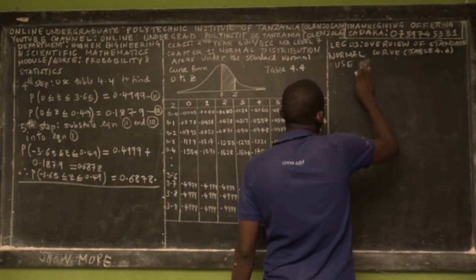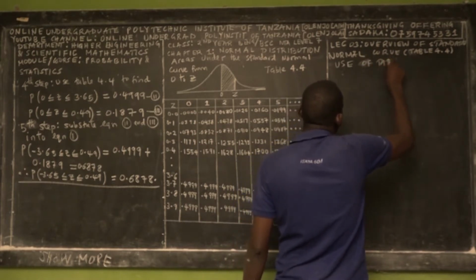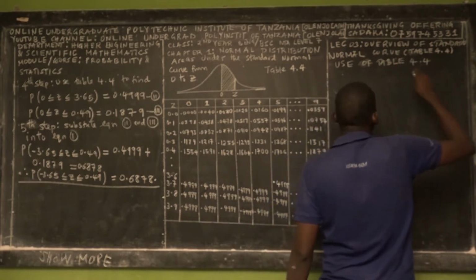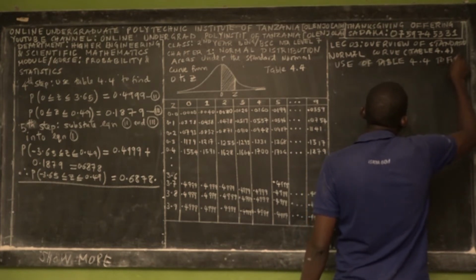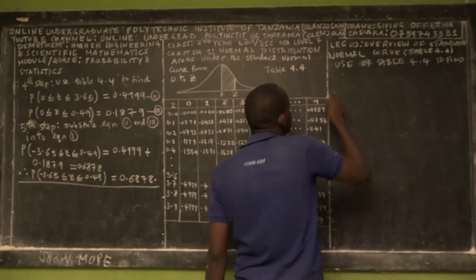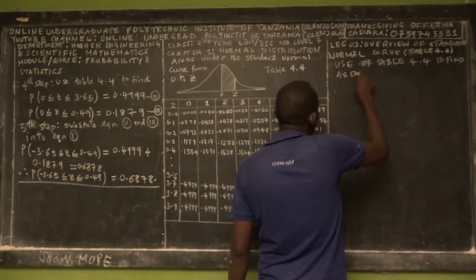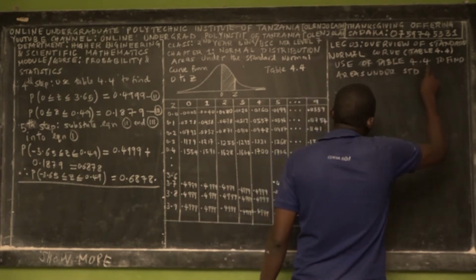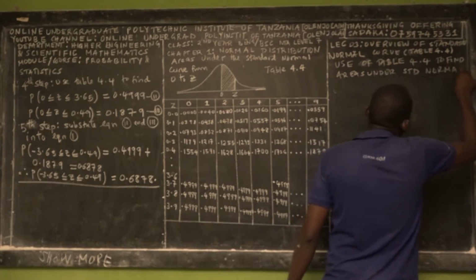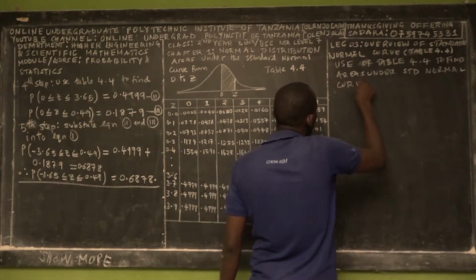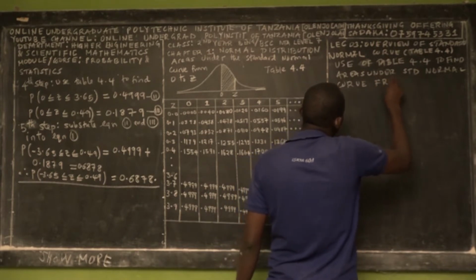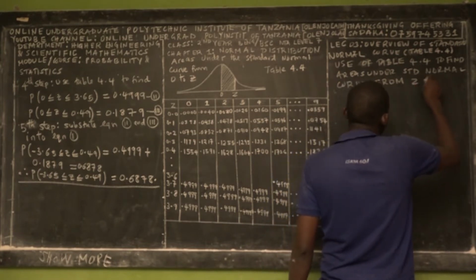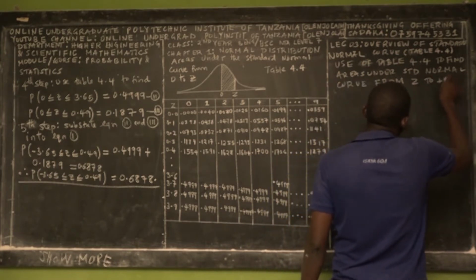Use of table 4.4 to find areas or probability under the standard normal curve from Z to positive infinity.